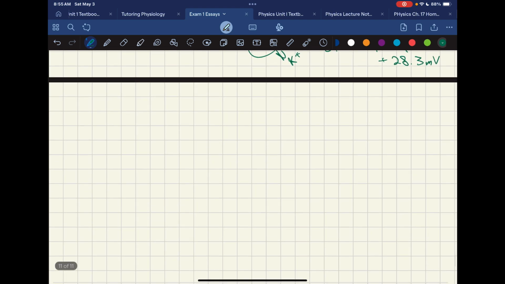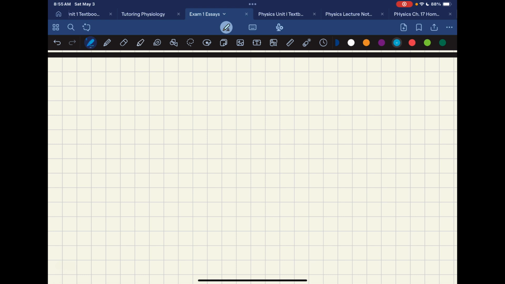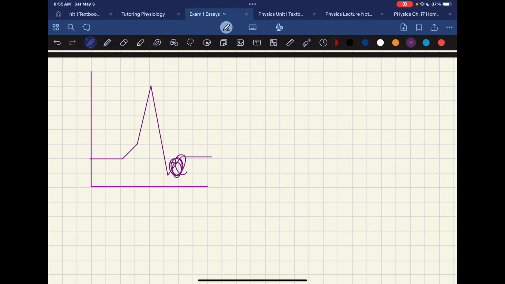Action potential is very important. Let's switch up the colors here. We're going back to this little diagram here because there's more we're going to learn about it. Okay, so we know that this is negative 70.